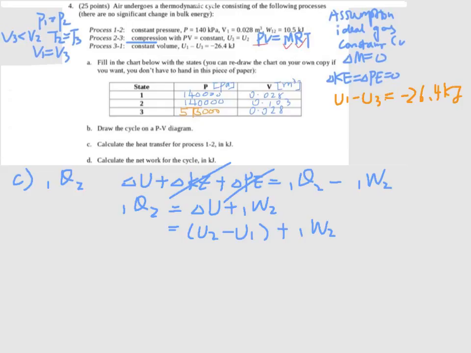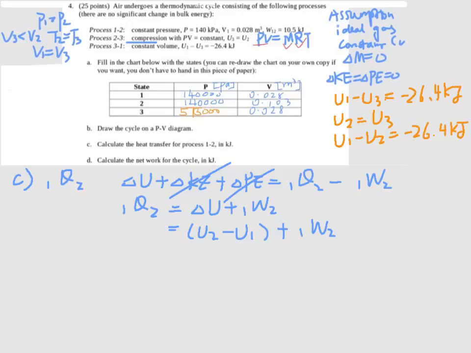And we're also given that U2 is equal to U3, right? So in this case, we can just replace this U3 with U2. So it's just U1 minus U2 is equal to negative 26.4 kilojoule.